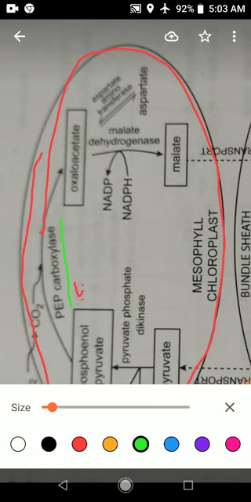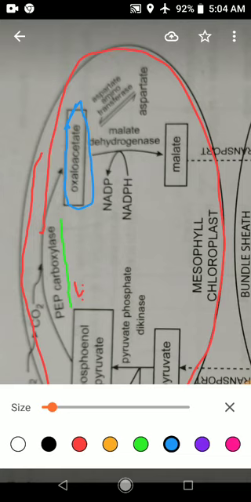and this enzyme catalyzes the reaction of formation of C4 dicarboxylic acid. So the C4 dicarboxylic acid is oxaloacetate, or it is also known as oxaloacetic acid.